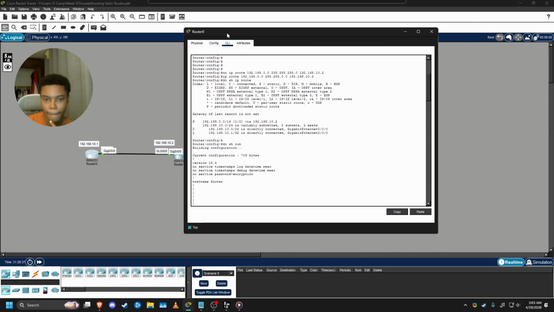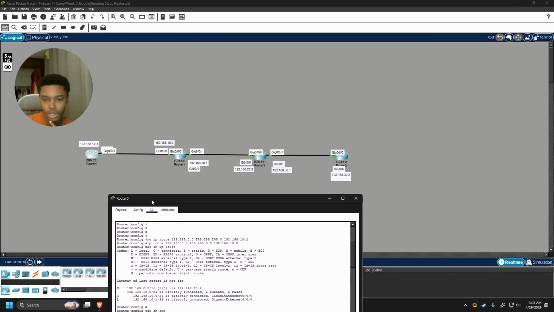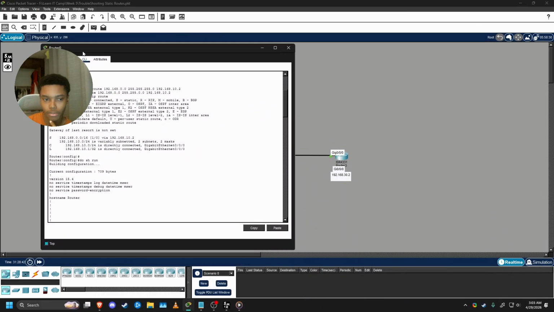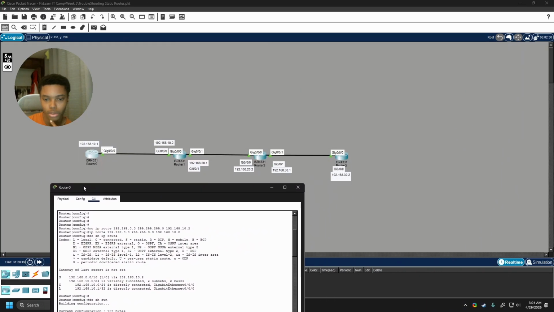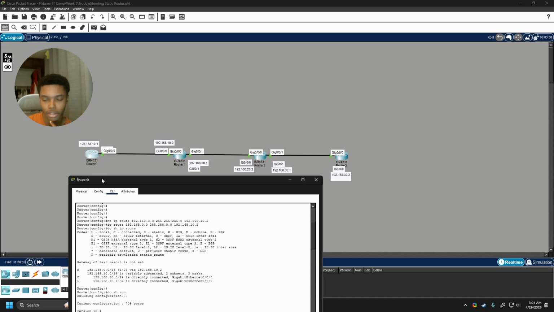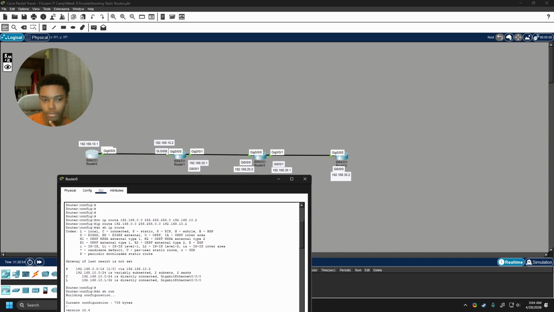So if you wanted to send a packet to router 1, which is configured with the IP address 192.168.10.2, you could do that. But if you wanted to reach router 3, you would need to configure a static route. So you have to configure a static route to the 192.168.30.0 network via router 1. And then from there, router 1's routing table would handle the packet and figure out where to forward it from there.